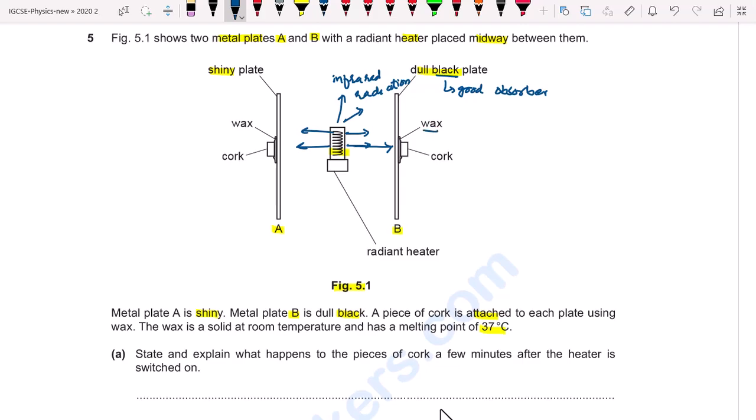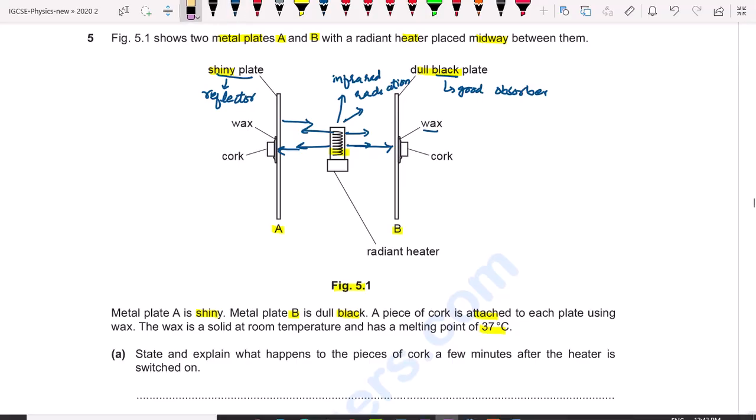While when this radiation reaches metal plate A, that is a shiny metal plate, and we know that the shiny surface is a good reflector, this surface will reflect all of the radiation in the backward direction. Therefore, the wax will take time to melt because all of the radiation is reflected. So the wax on plate B will melt first as compared to plate A.